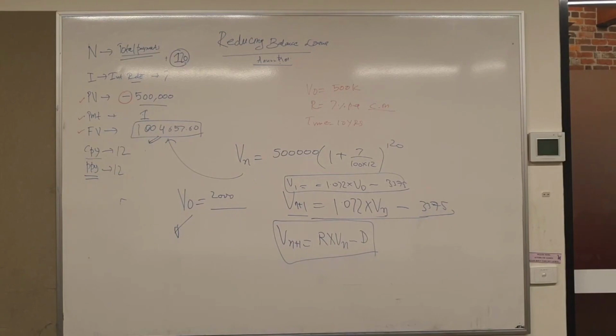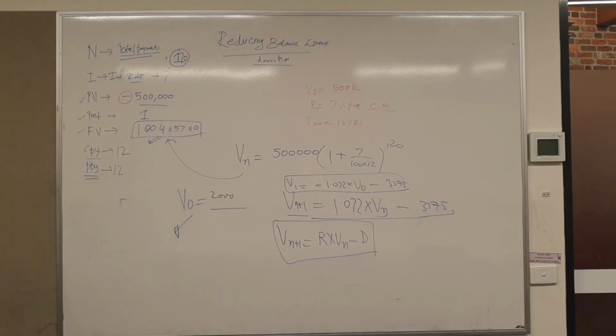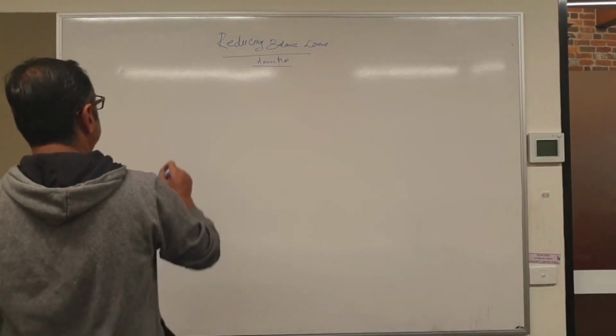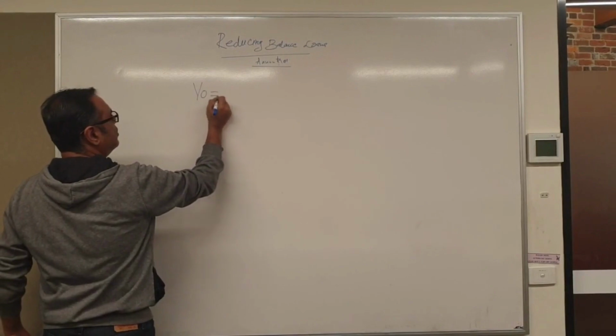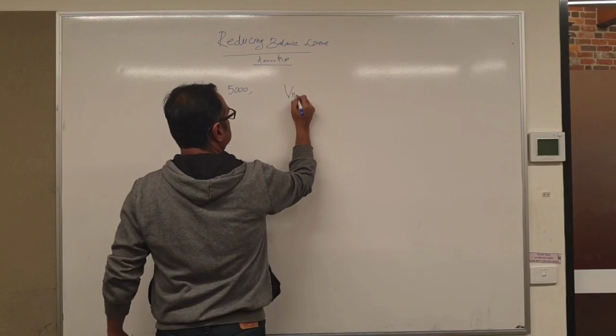Can we go to question number 14, please? Part A, B, and C. If I write something like this, V0 equals 5,000, and Michelle, that's a question for you as well.